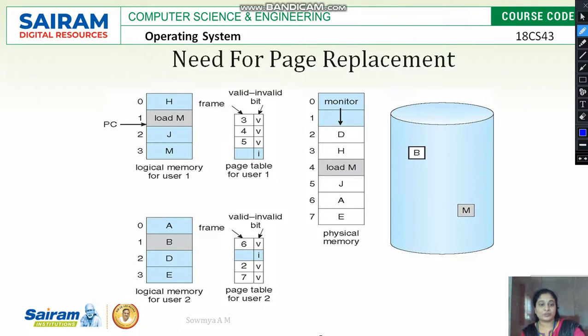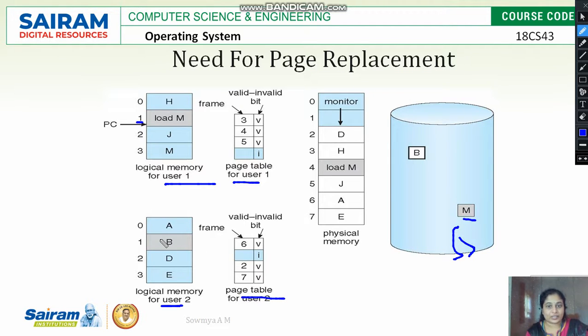So coming to the page replacement method, see here, logical memory for user 1 and user 2 has two page tables. If the PC requires load M of page 1, there is no page 1 found in the page table. So in the physical memory there is no such page, but load M is in secondary storage.